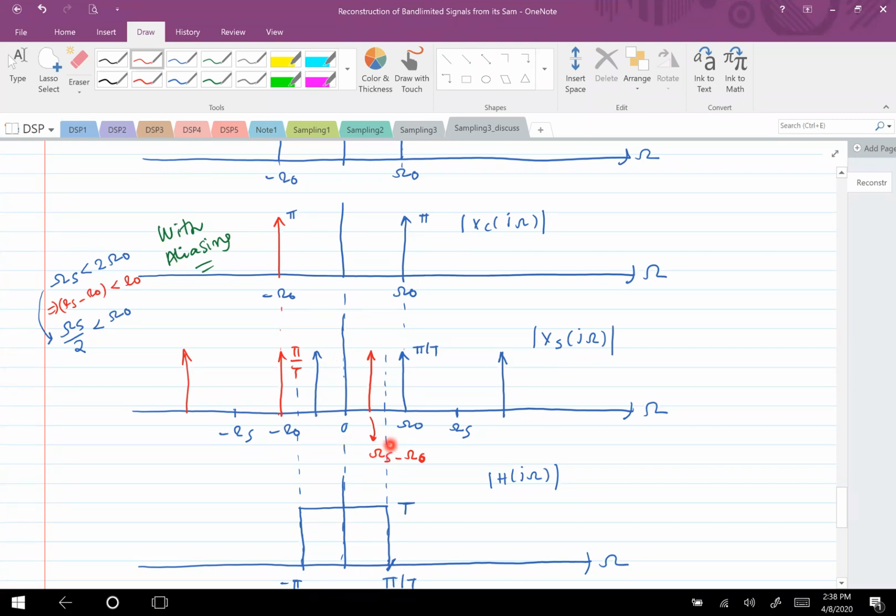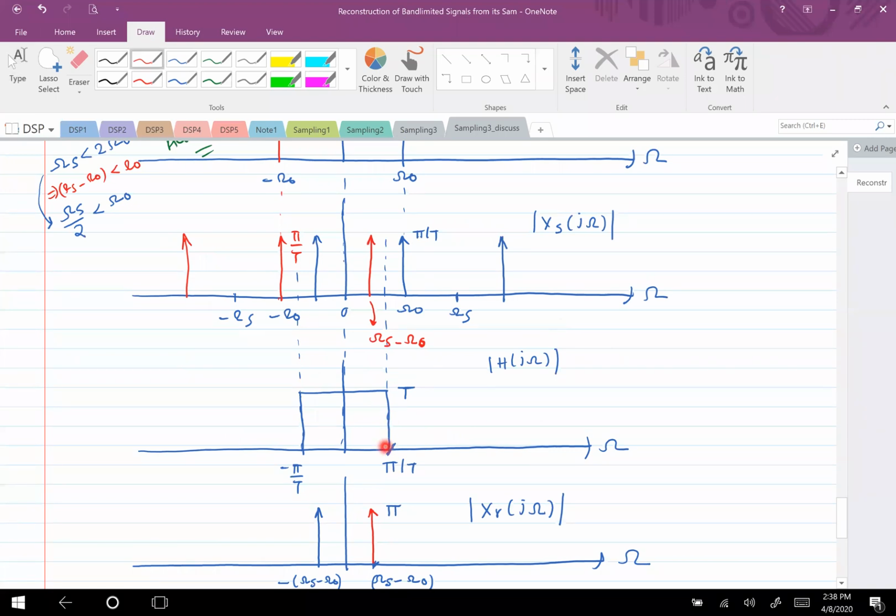Now where is the cutoff frequency? It is pi by T, or in other words omega s by 2. What we know now is omega s is less than 2 omega naught. So omega s by 2 will be less than omega naught. So this won't be there, somewhere here it would be. But again, you could also see from the same expression that this omega cutoff will be greater than omega s minus omega naught. From there itself you could figure it out.